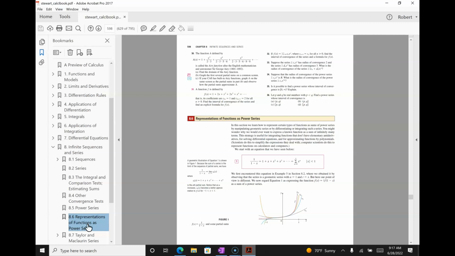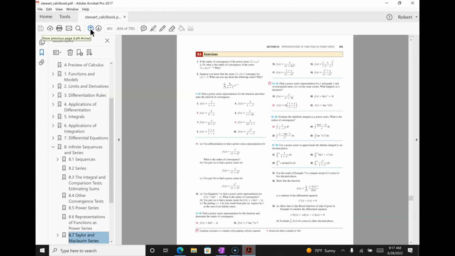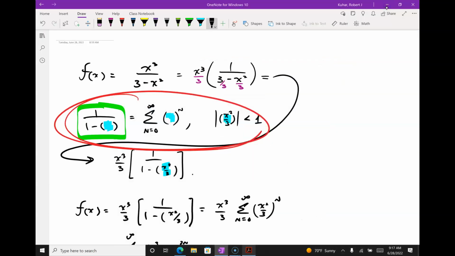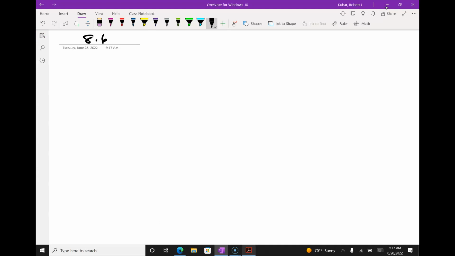I'll do one like that later this week or next week. Good, let's do 14, x squared inverse tan of x cubed. So this is 8.6 number 14.